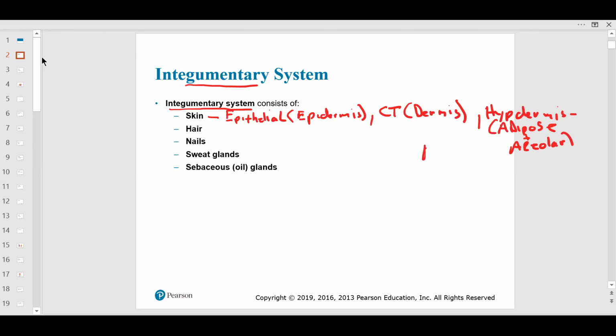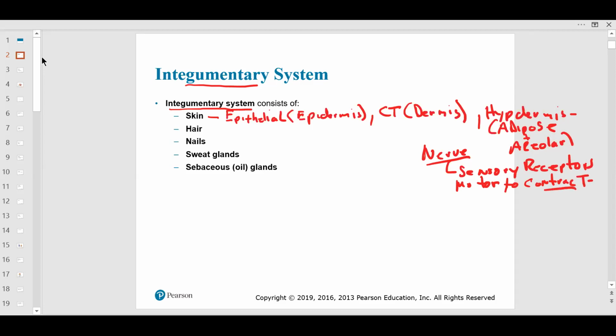And then there's nerve tissue, because you need nerve tissue for sensory receptors. And then you have the sweat glands and other glands, sebaceous glands, which need motor neurons or motor nerves to contract or cause a release of those glandular secretions.